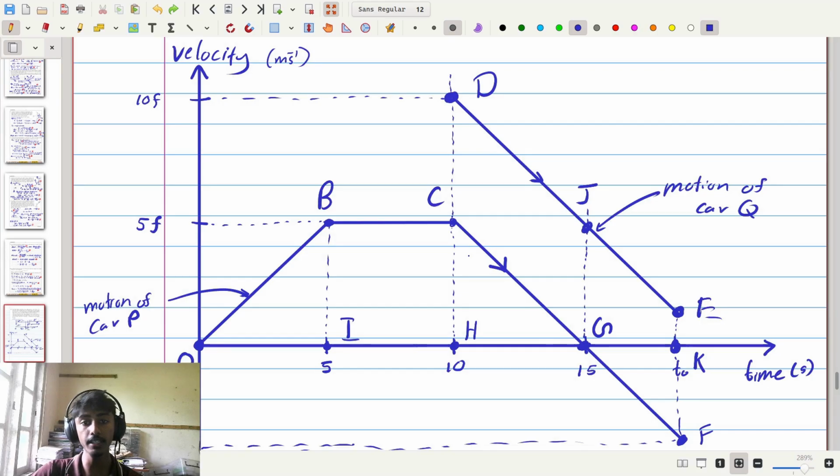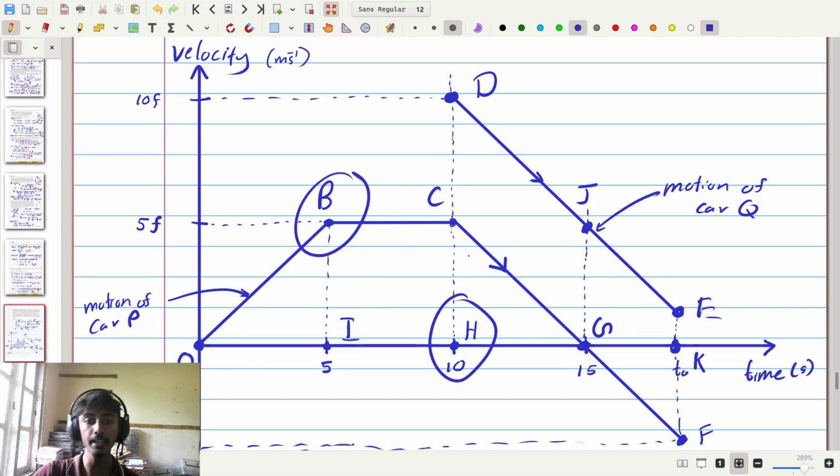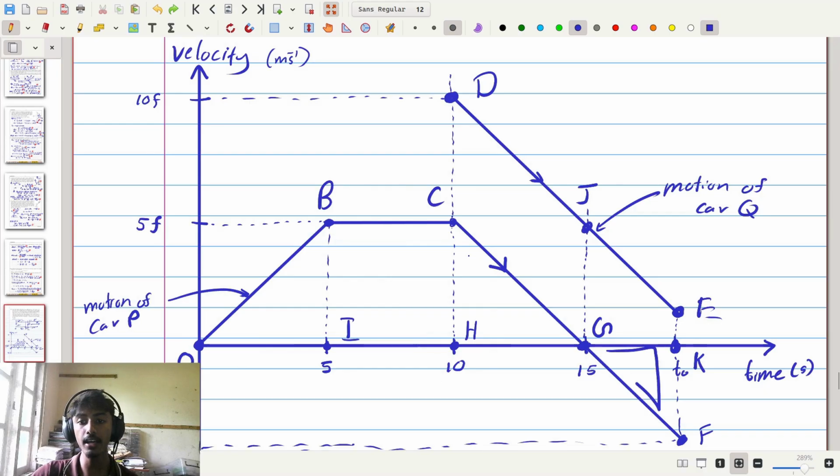So the common area here is the area CHG, and if we remove that from both areas, for the area of P, we're going to have this area OBCH and minus the area GKF left over. And if we remove from the other one, we're going to have this area left, the area DEKGC.